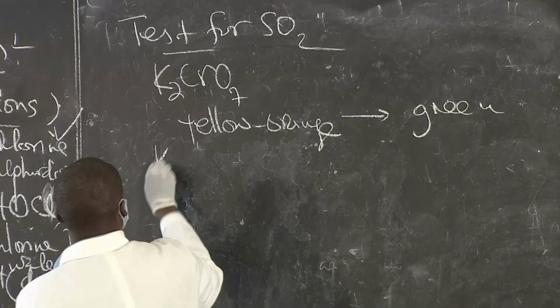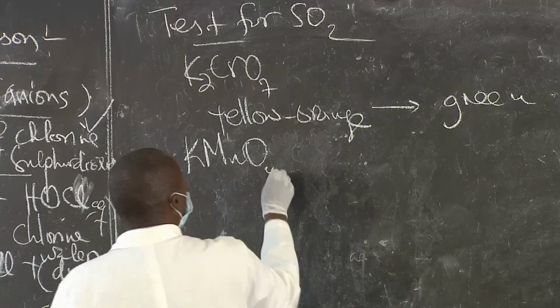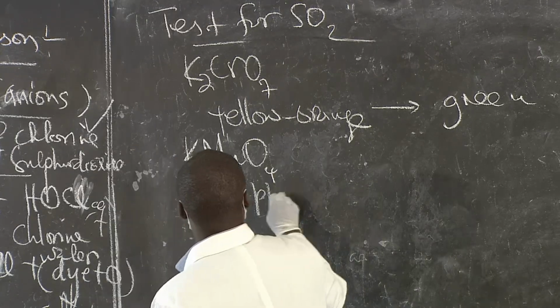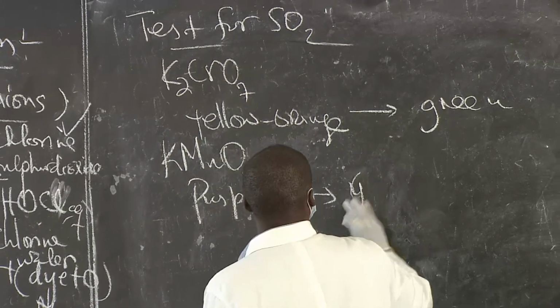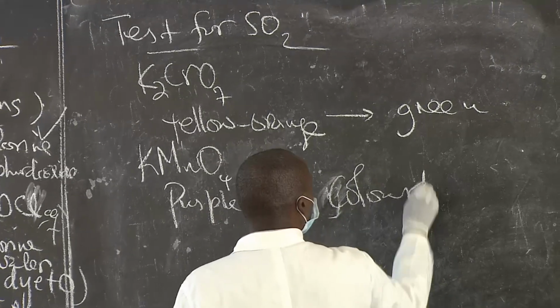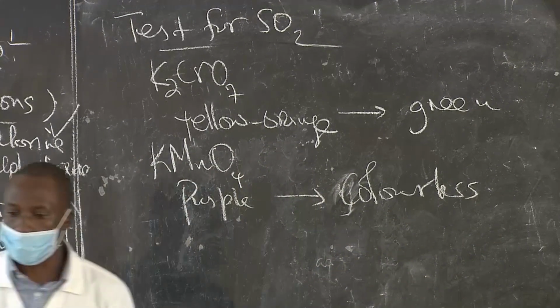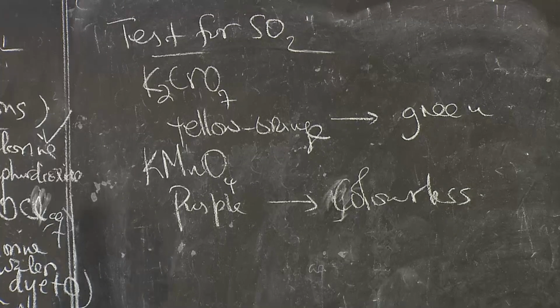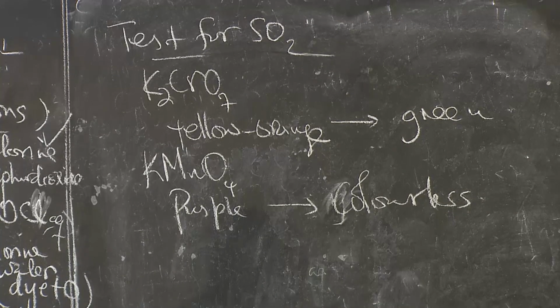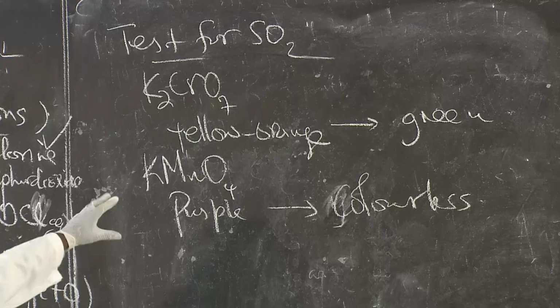We had potassium permanganate, which is purple, and it turned to colorless. So those are the two tests that we have done with sulfur dioxide. Remember, we have to prepare the gas and then test it.